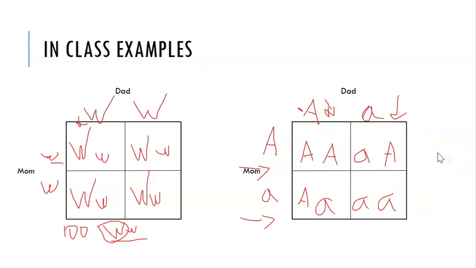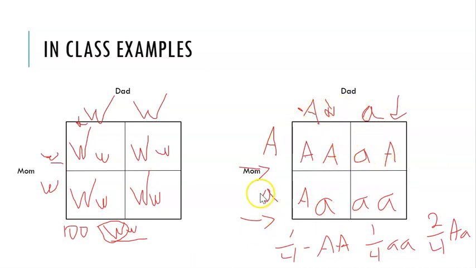So we have 1 out of 4 that are big A, 1 out of 4 that are little a, and 2 out of 4 that are big A, little a. That means that if mom and dad are both heterozygous, you have a 1 in 4 chance, or 25%.